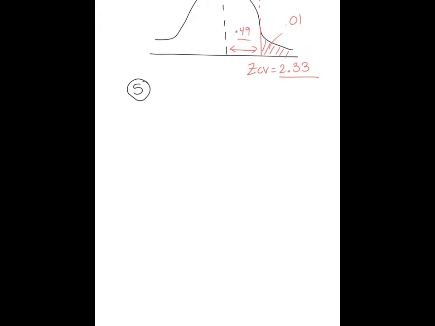Step 5 is our actual test. In this case, the z statistic equation, as we saw on that earlier slide, is that z equals x1 bar minus x2 bar divided by the square root of the variance of 1 over n1 plus the variance of 2 over n2. Okay, so let's fill in our data for this problem.